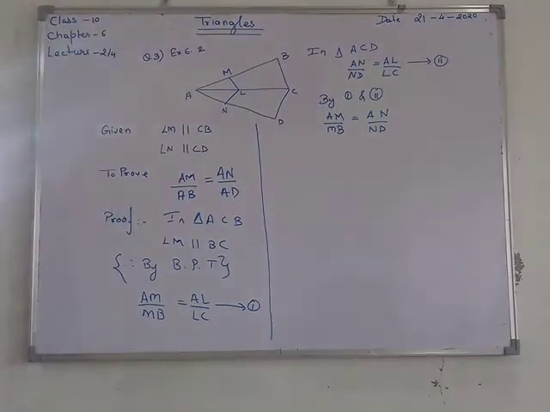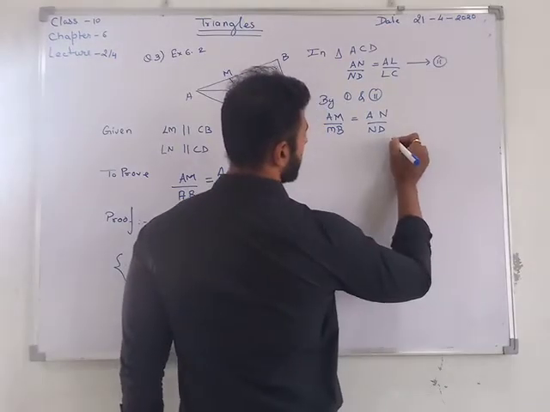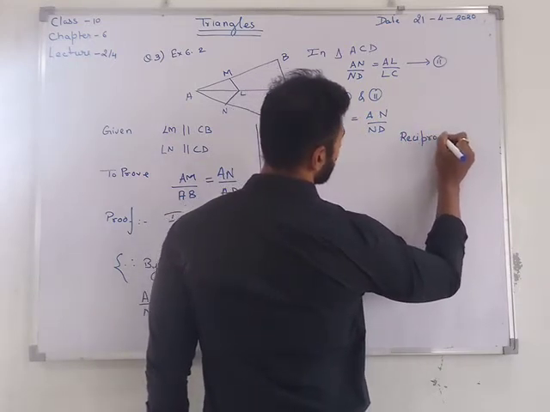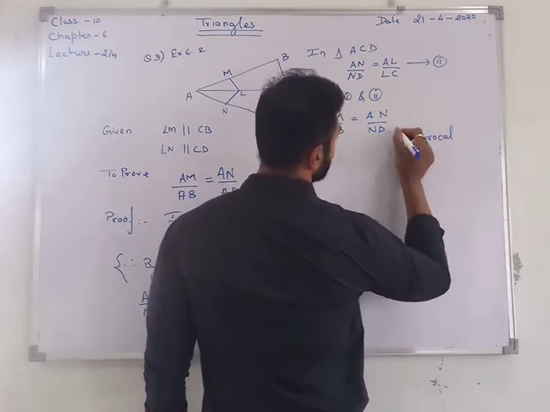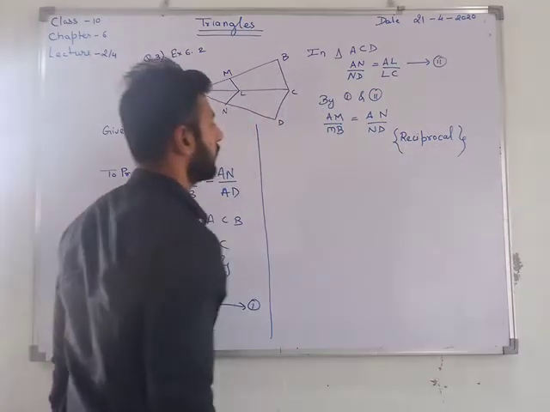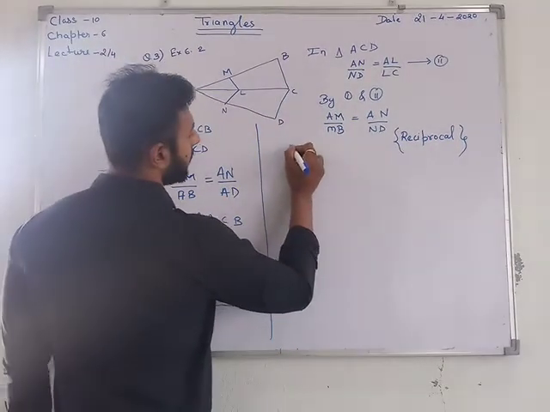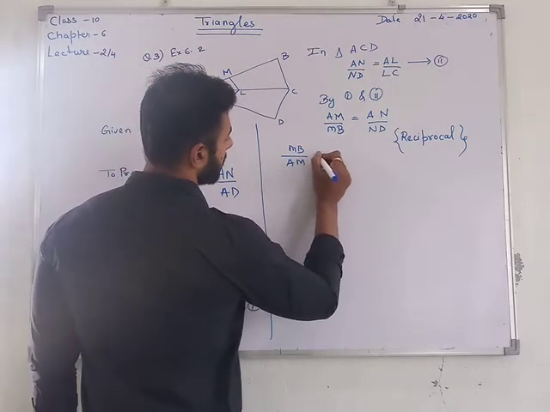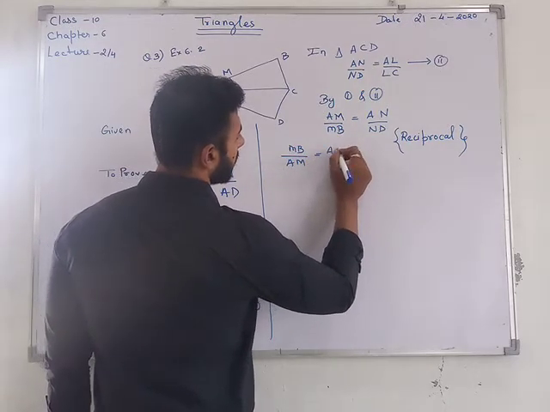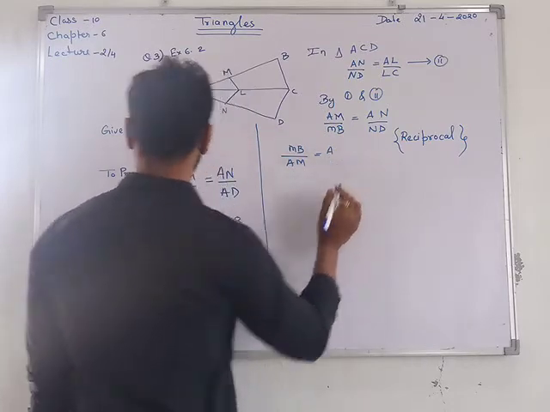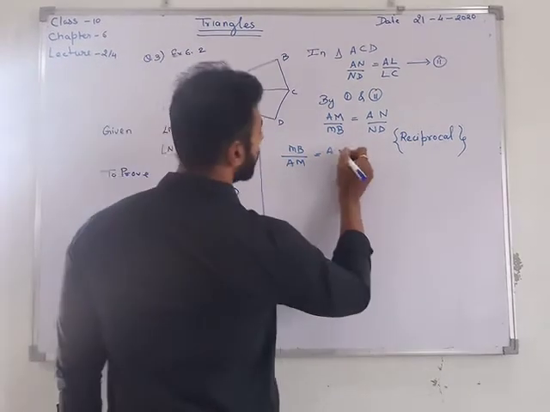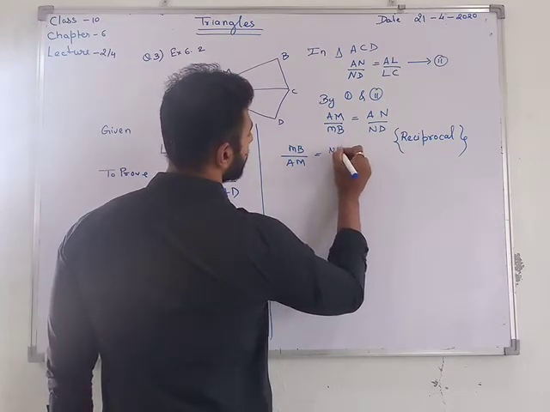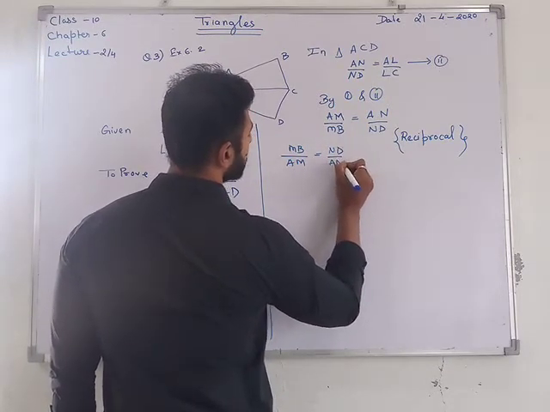Taking the reciprocal of this equation, MB upon AM is equal to ND upon AN.